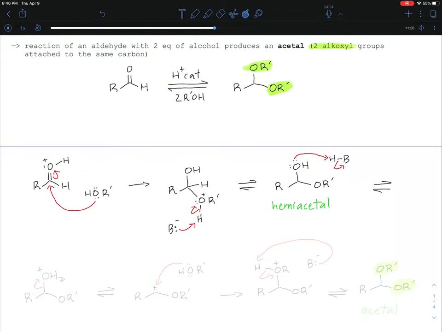I end up with R, and then my alkoxyl group, and then I've got water, which is a pretty good leaving group, right? So what can I do? I can attack. Likely what ends up happening is the water is going to take off.